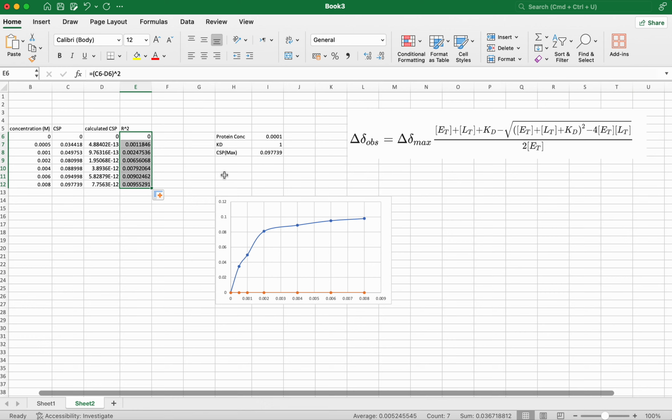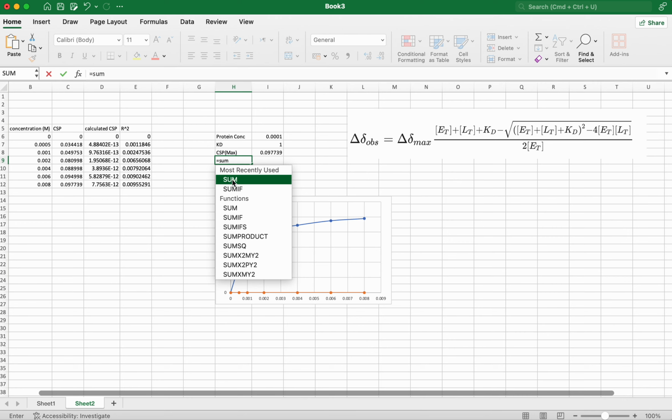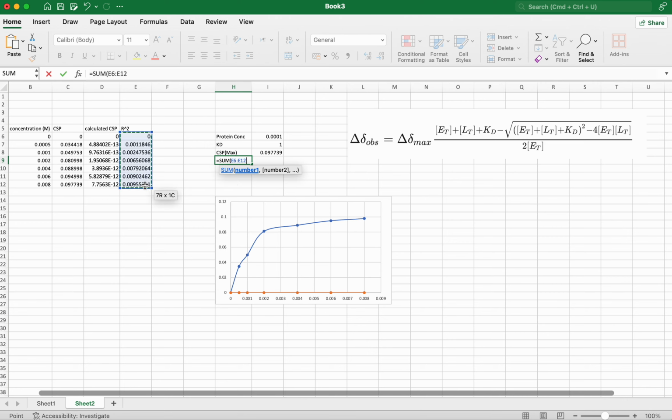So we take the sum of this whole parameter, close the bracket, and multiply by some high number, because we are dealing with a very small change in chemical shift like 0.09 or something, and the r square sum is also a very small number. If we try to minimize a number that is even smaller, sometimes the program also gives wrong information.